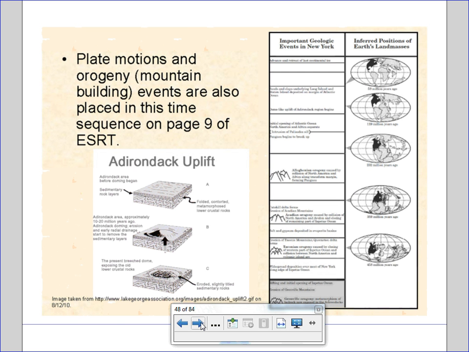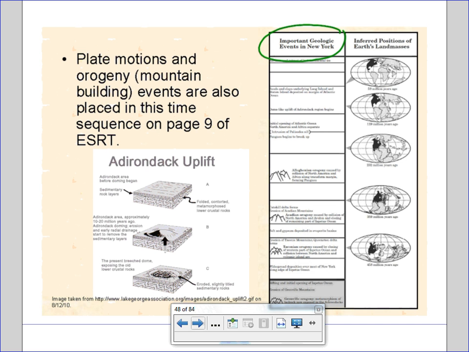And then also make sure that on page 9 you remember all the way to the right those diagrams that show where the continents were in the past because of plate tectonics. And then right next to it, the title says Important Geologic Events in New York. So this section has nothing to do with fossils and living things.